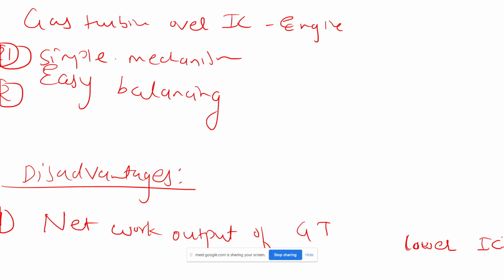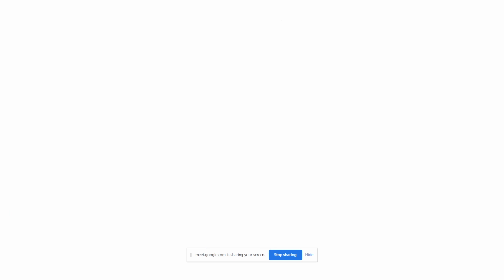The main reason is that in gas turbines we are dealing with gases, so the work for compression is given by Vg times the difference of pressure.